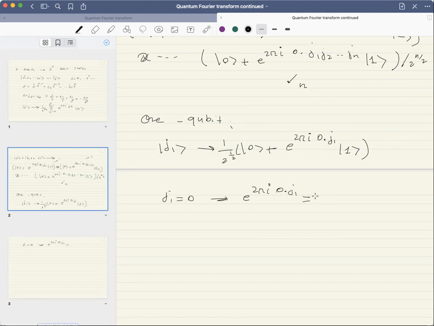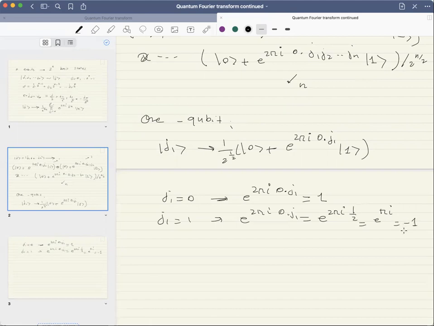It's 0 over 2, which is 0. So that's equal to 1. And if J1 is 1, then e to the 2 pi i 0 point J1 is e to the 2 pi i times 1 over 2, that's e to the pi i, so the 1/2 cancels the 2, and that's minus 1.